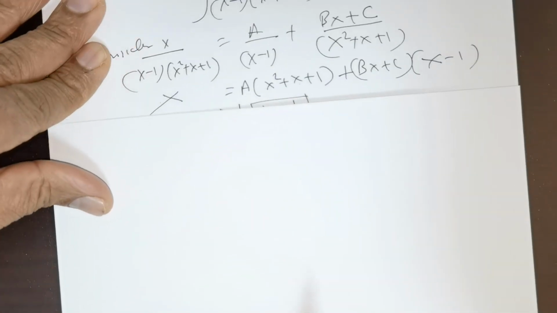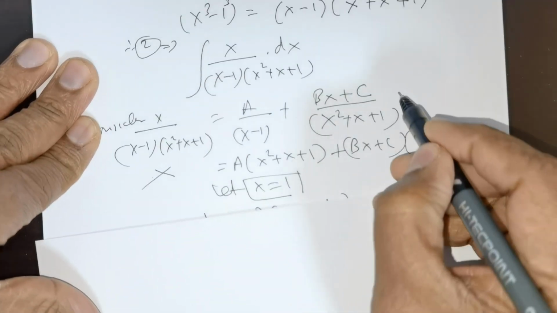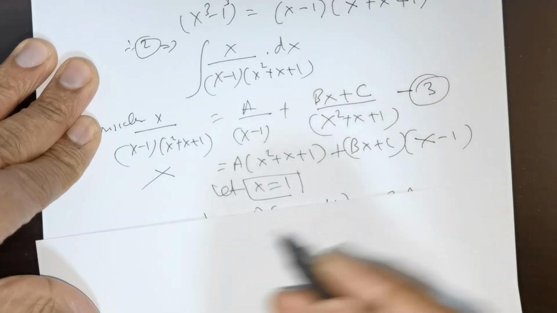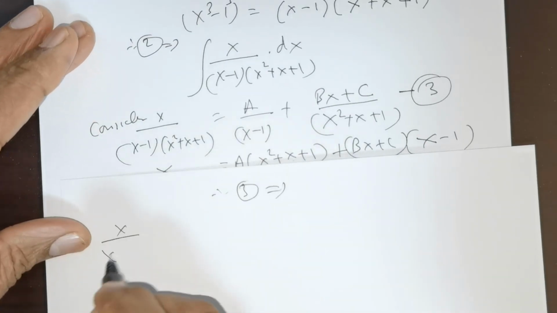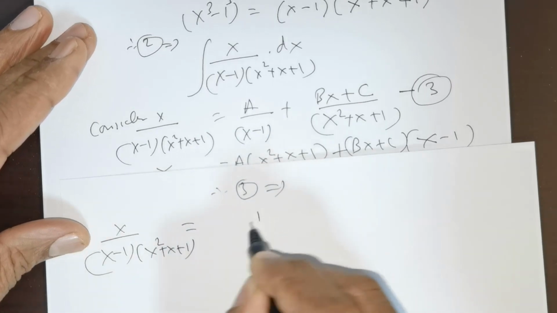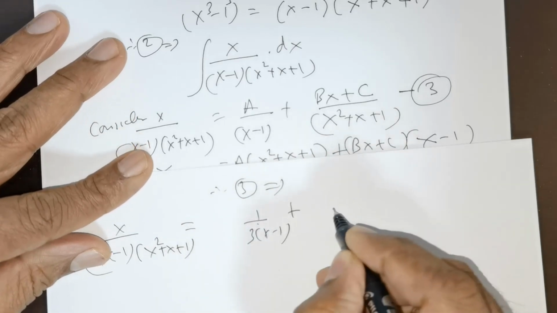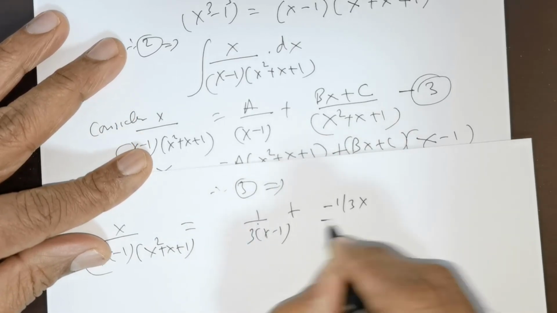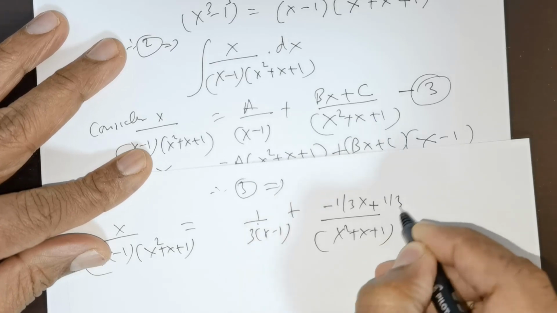Let me utilize this part of the paper. So therefore if I take this as sum 3, then 3 is rewritten as x over (x minus 1) times (x squared plus x plus 1). A is 1 over 3, so 1 over 3 times x minus 1. B is negative 1 over 3 times x, divided by x squared plus x plus 1, and c is 1 over 3.